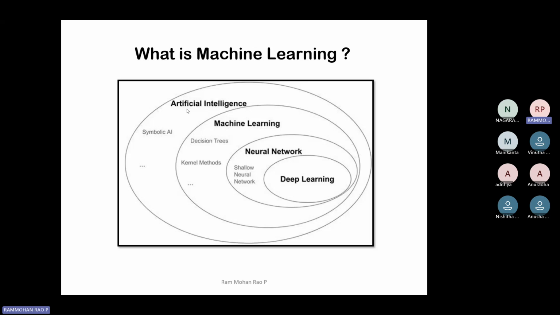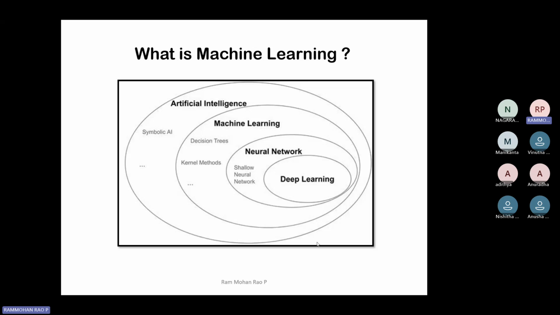This GAN is nothing but our Gen AI. People are talking about Gen AI, which is generative AI. It is nothing but deep learning only. In deep neural networks you have 7 or 8 different types of neural networks, and one type is called GAN. That GAN network is nothing but generative AI.